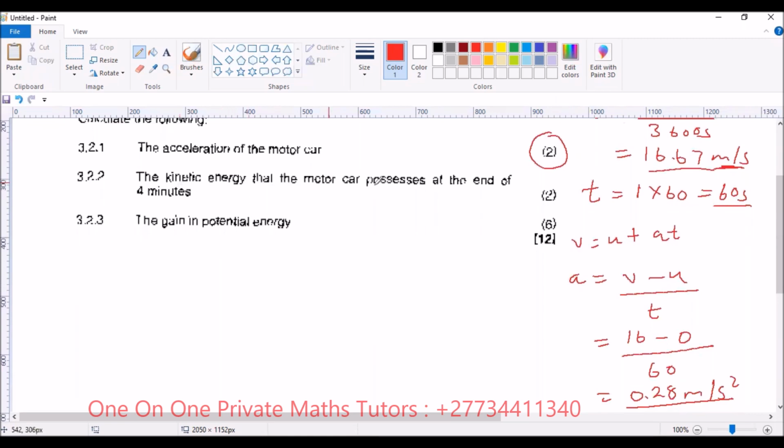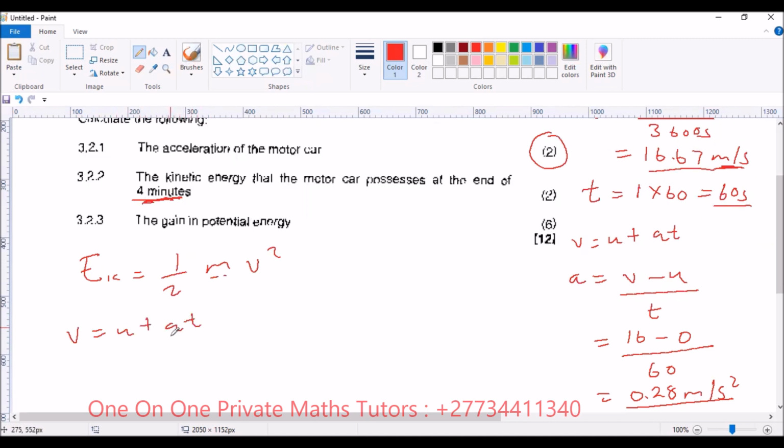Kinetic energy that the motor car possesses at the end of 4 minutes. All right. So we might want to know, because Ek is equal to half mv squared. We have the mass, but we need the velocity, final velocity, after 4 minutes. All right. So again, using v is equal to u plus at.